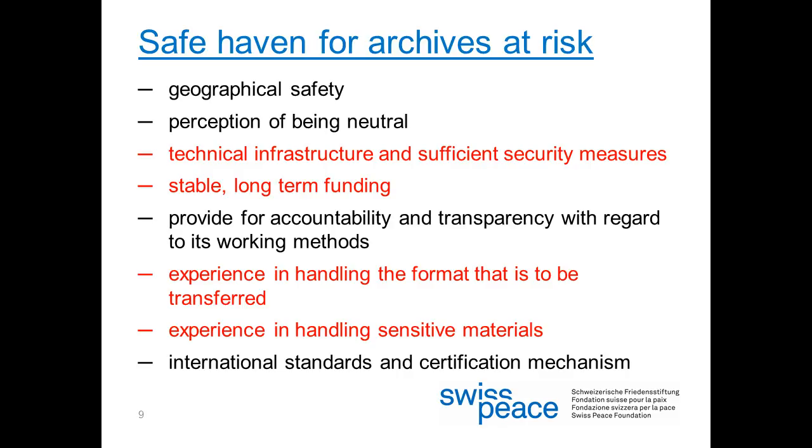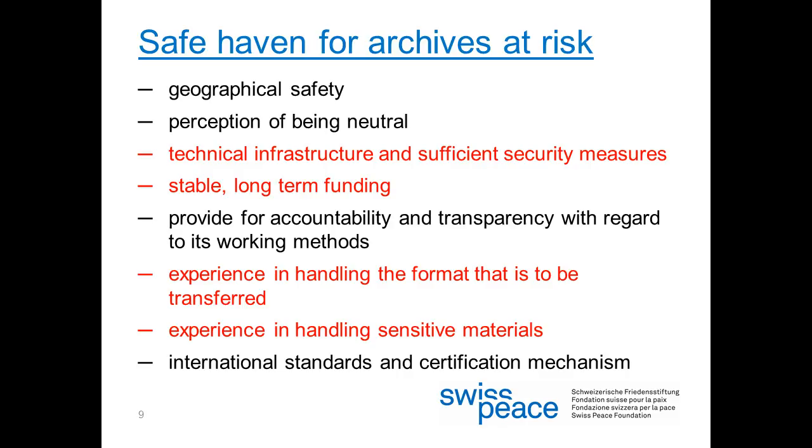Provide for accountability, transparency with working methods, and then again, a technical aspect, experience in handling the format that is to be transferred, and experience in handling sensitive materials, especially if parts of the collection of archives are accessible to the public.